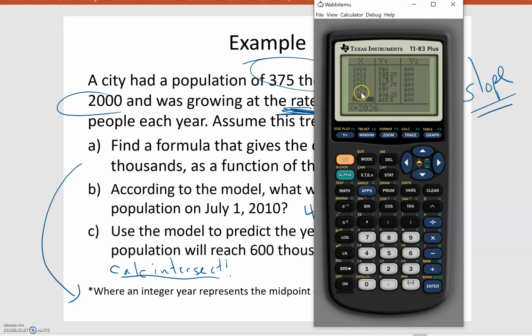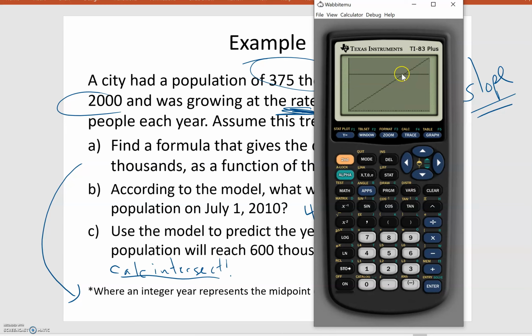So 2024 to 2025. So I didn't have my window big enough. I put 2020 here, but I should probably make this like 2040. And then we'll do zoom fit. The 2040 was just a rough guesstimate. But this should now get me, at least I can see the intersection.